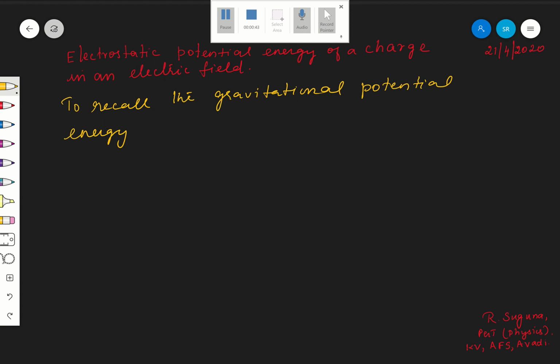Before going to the electrostatic potential energy, I just want to recall the old concept of gravitational potential energy that you have already studied.